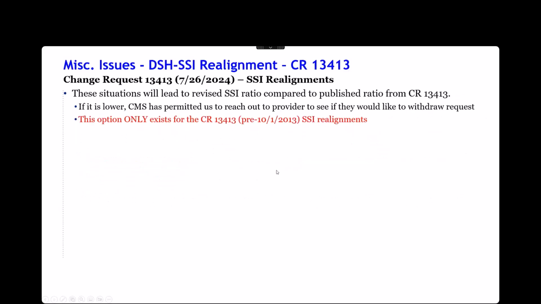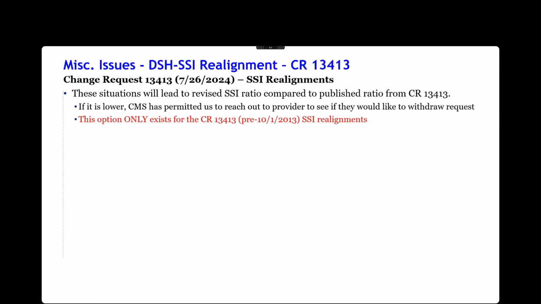If the SSI ratio comes back lower than the other ratio they already had, CMS is allowing us to reach out to the provider to see if you'd like to withdraw that request and have it closed instead. Obviously, if you don't, there's going to be a negative settlement, and I'm sure you wouldn't want that.